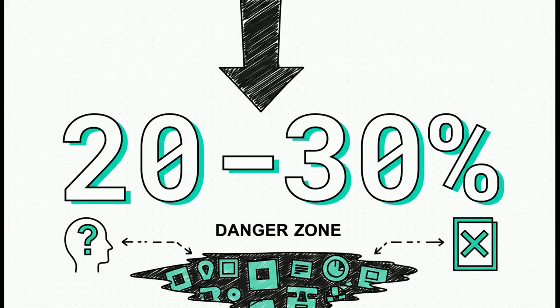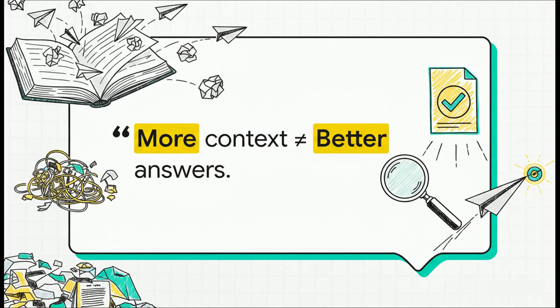And we're not talking about a little blip. If your key piece of information is buried in that middle danger zone, you could see the accuracy drop by 20 to 30%, maybe even more. Just think about that. In your attempt to give the AI more context, you can accidentally make the right answer completely invisible to it.